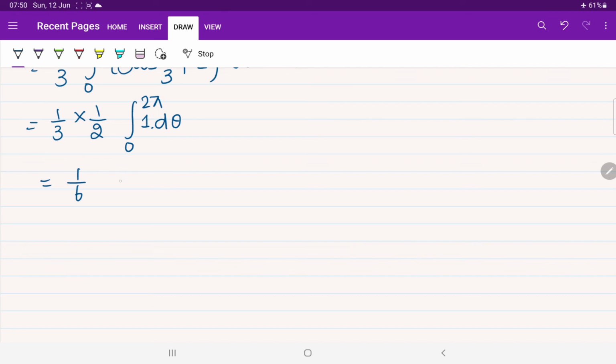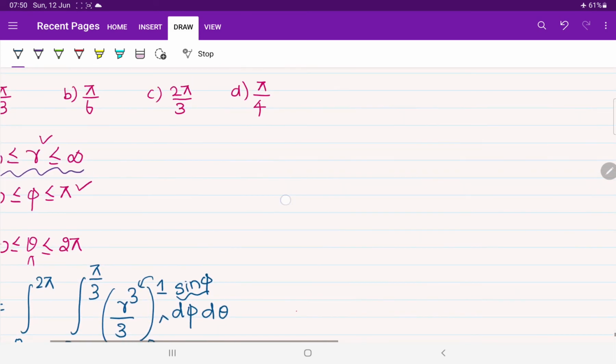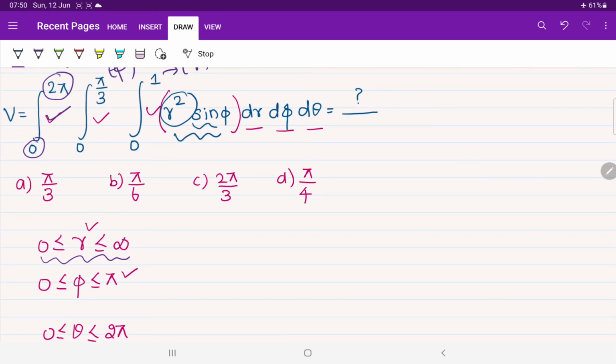Integration of 1 with respect to d theta will give you theta. The limits are from 0 to 2 pi, so the upper limit will be 2 pi, the lower limit will be 0. So the final answer will be 2 pi by 6, which is equal to pi by 3. Now go back to the options. The correct answer for this question is option A, because we got pi by 3.